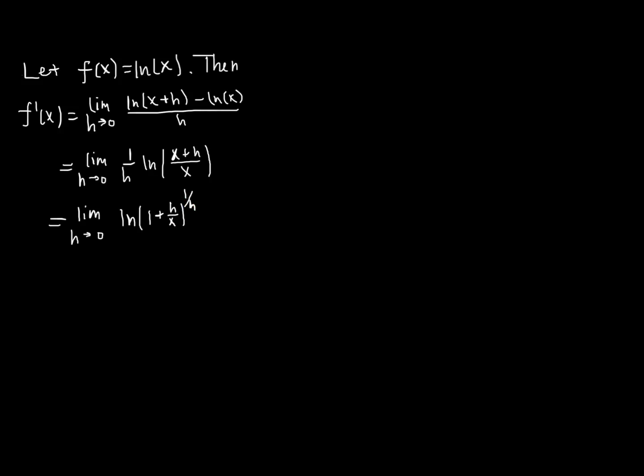And at this point, I want to start thinking about how I'm going to eventually evaluate my limit. The reason we can think about this currently is that we just recently saw a limit that looked very similar to this.